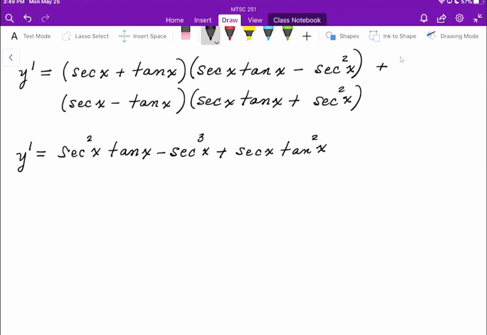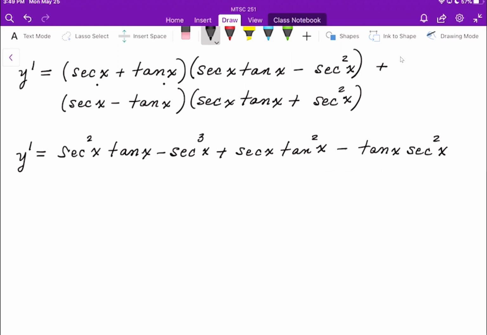And then we're going to get minus tangent x secant squared x. So secant x times secant x tangent x gives us secant squared x tangent x. Secant x times minus secant squared gives us minus secant cubed. Tangent times secant x tangent x gives us secant tangent squared. And then we're going to get minus tangent secant squared.